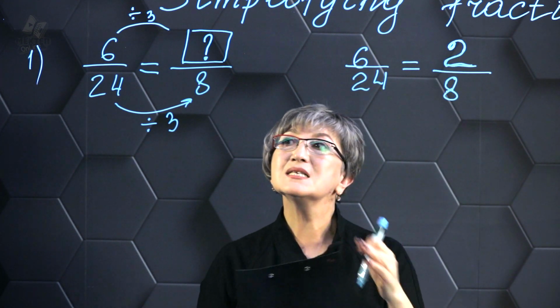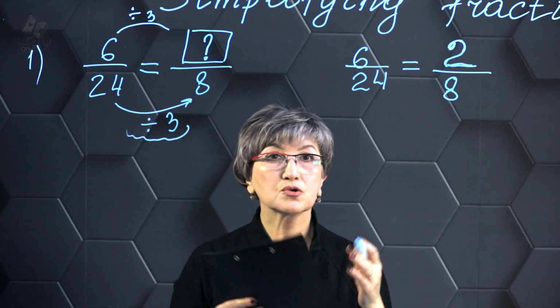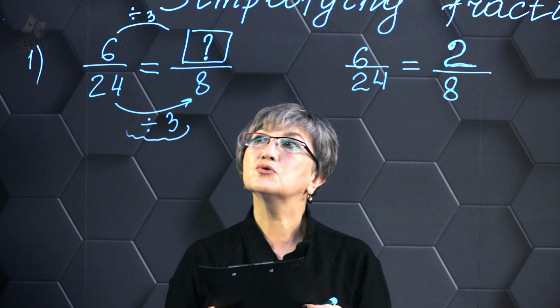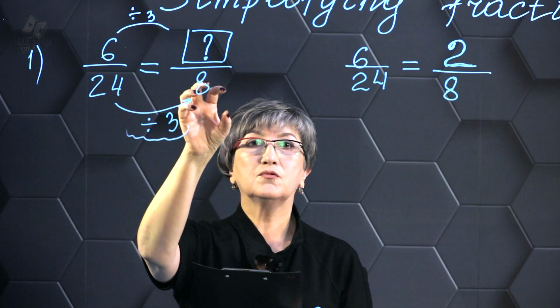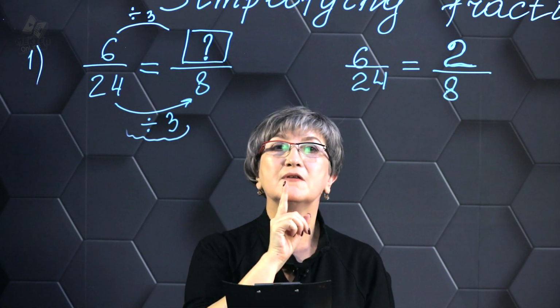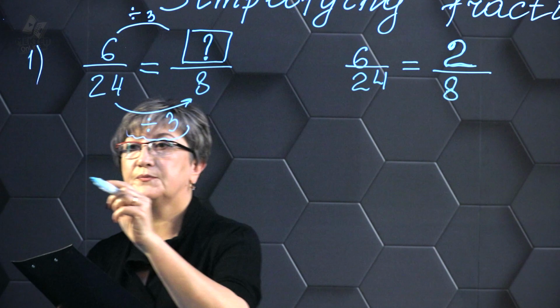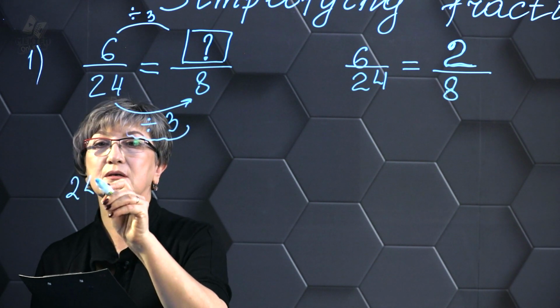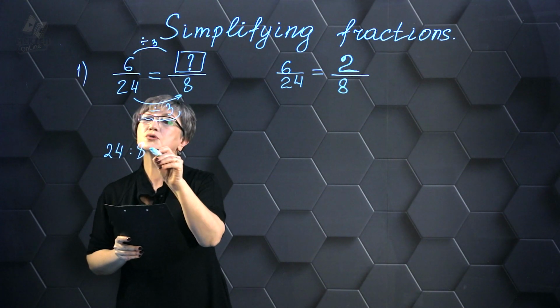But if you were unable to locate this number, what should you do in this scenario? What do we see? There was the number 24, it became the number 8. We need to find out how many times this number has decreased, so 24 divided by 8 equals 3. Here's the number 3. What's next?